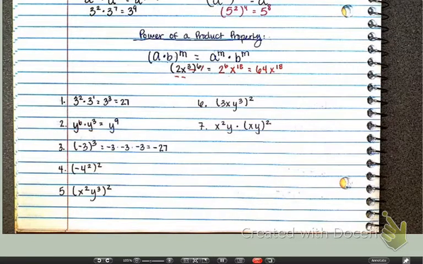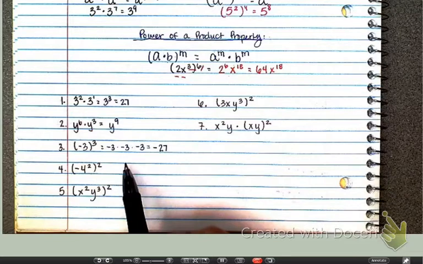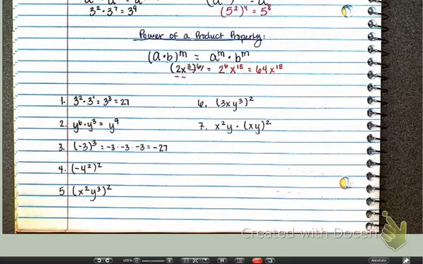Okay. Now number 4 was a little tricky. Someone tell me what you did first. Okay. If you multiply the exponents first and you do -4 to the 4th power, you're probably going to get it wrong because of that negative sign.